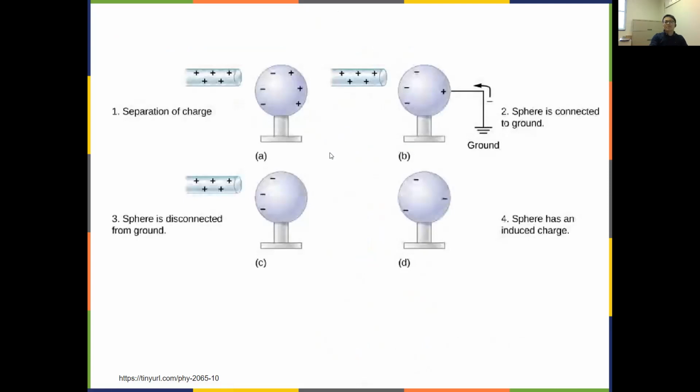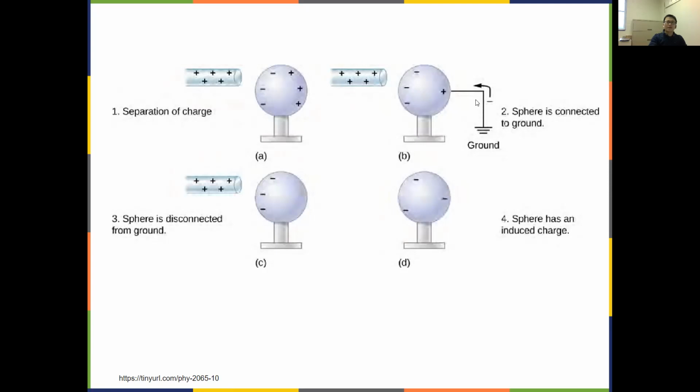Again, by induction, there's another way of doing this, not using two metals, but one metal with a conducting wire that is grounded. Initially it is not grounded. When the charged rod approaches, positive charge will be on one side and negative on the other. At this point, you can ground the whole sphere. The positive charge then moves to the ground because it is repelled by the positive charges on the rod.